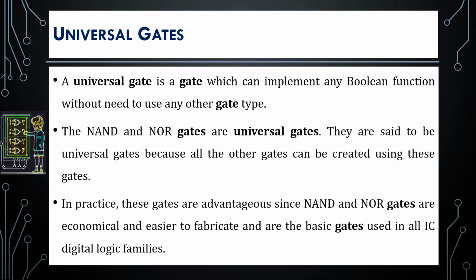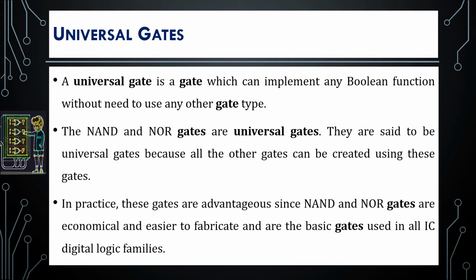NAND and NOR are called universal gates because using them we can implement all the other gates. Like we can implement the AND gate using NAND, OR gate using NAND, NOT gate using NAND, even NOR gate using NAND, XOR, XNOR, all types of logic gates. In practice, these gates are advantageous since NAND and NOR gates are economical and easier to fabricate, and are the basic gates used in all the integrated circuit digital logic families.